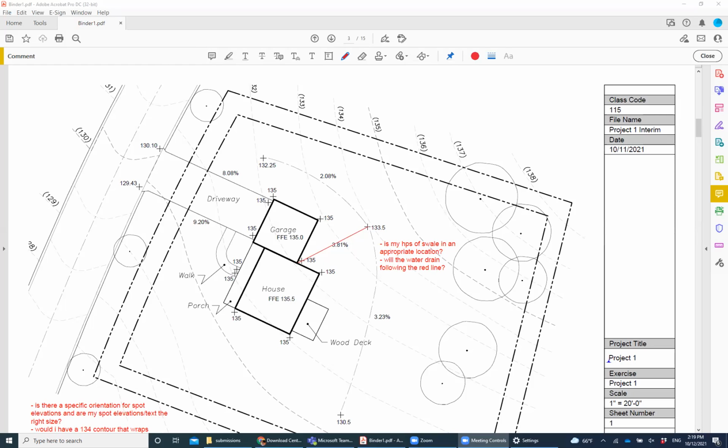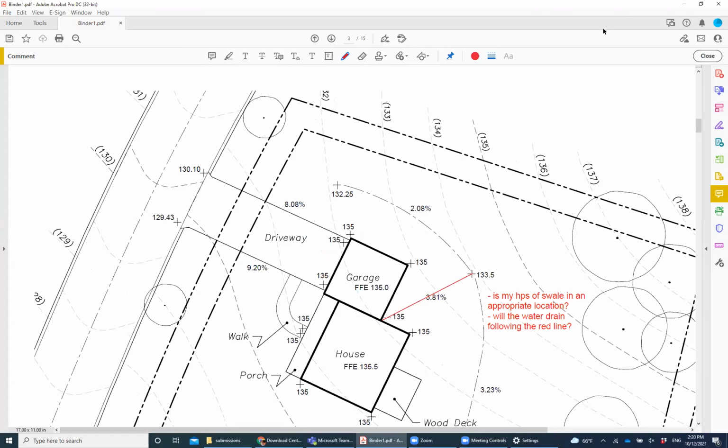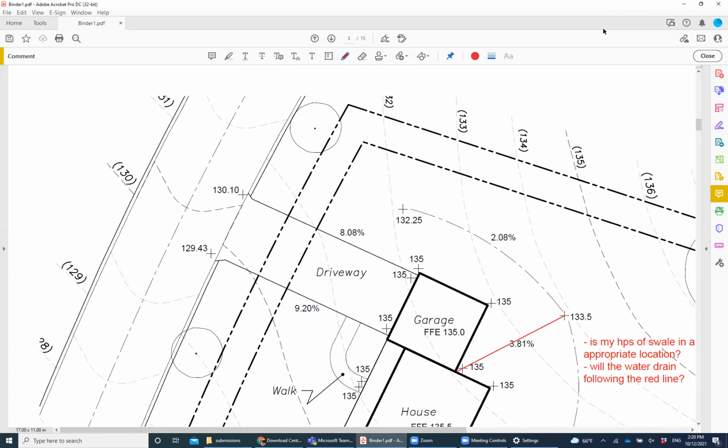Okay, now let's start from the houses. Yes, you have all the corners. Remember that should be ground elevations and 2 decimals, and the locations are perfect. Okay, what are you missing? One of them is missing. This one is missing.